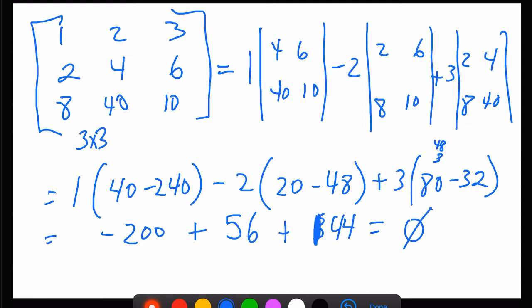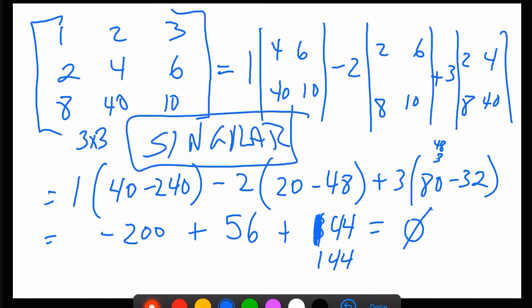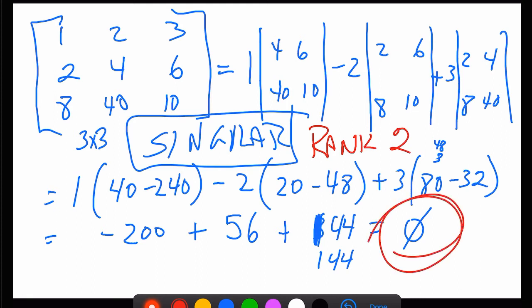That's 144, if you don't like my handwriting. Okay? Beautiful. This is a singular matrix. It's a 3 by 3 with a rank of 2, and we get a determinant of 0.